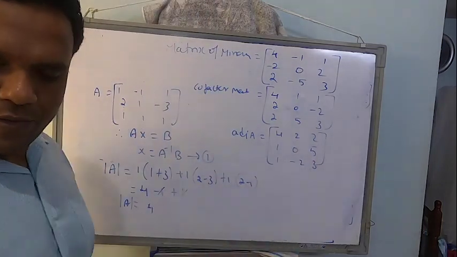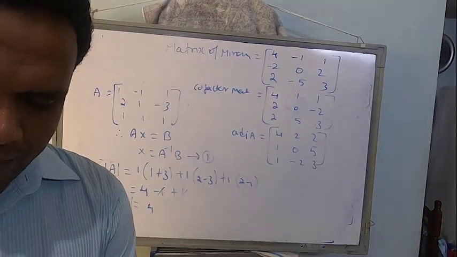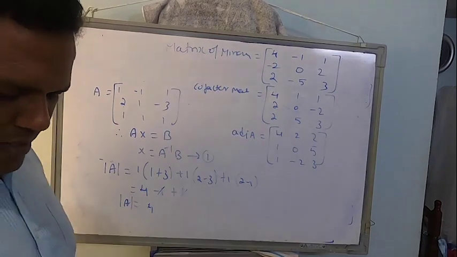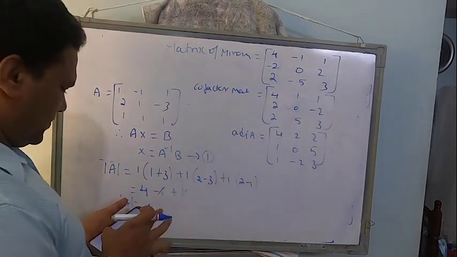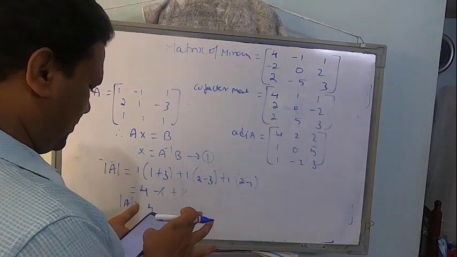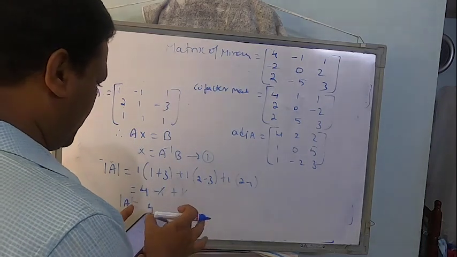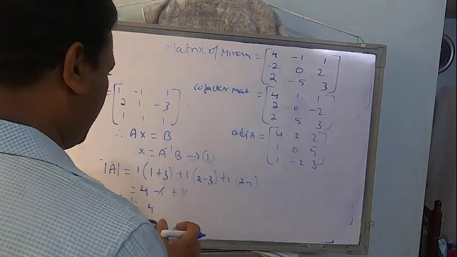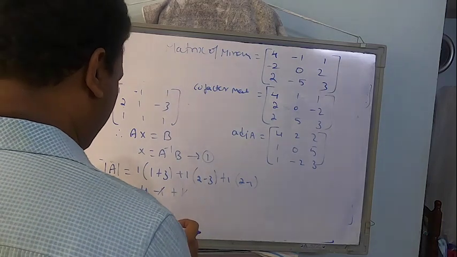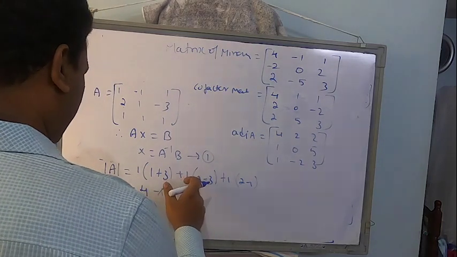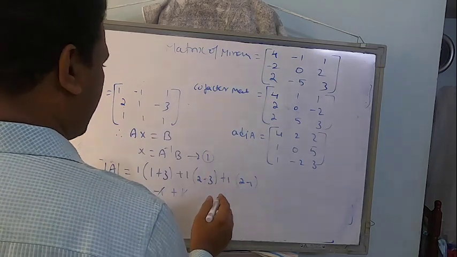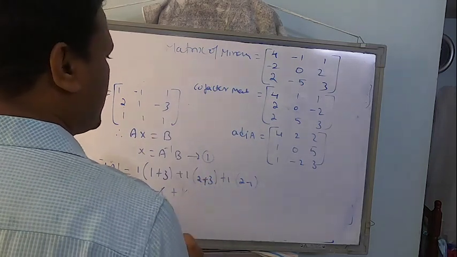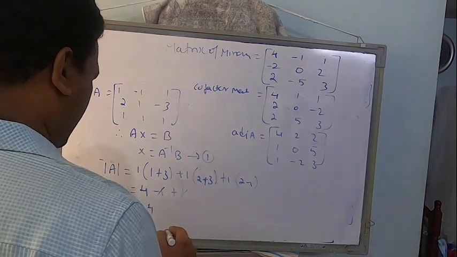I just want to verify before I continue. So let me just check with the answer what I got here. Just a minute, I'm doing some corrections here. So it's going to be 2 minus 1, it's fine.